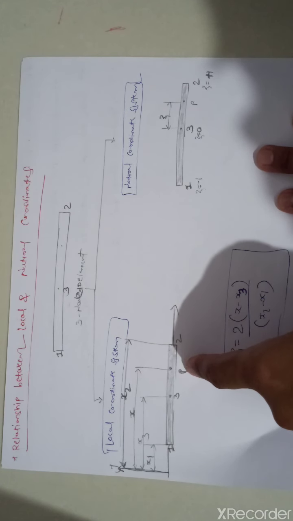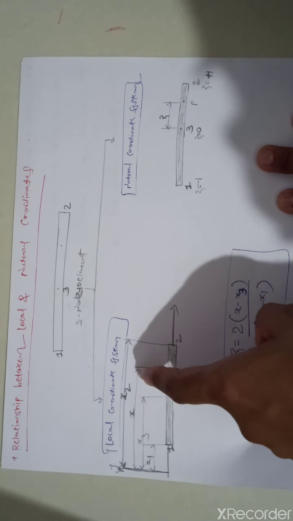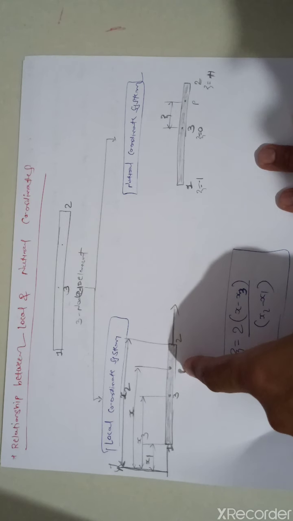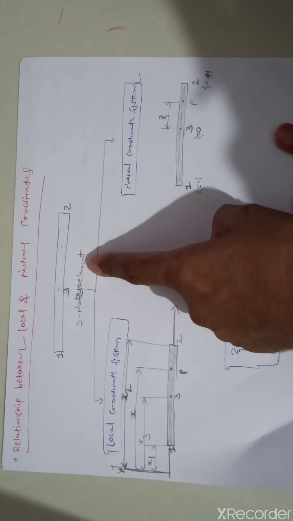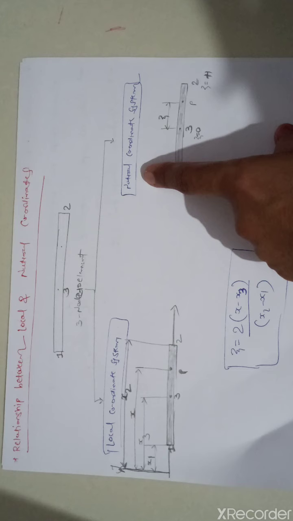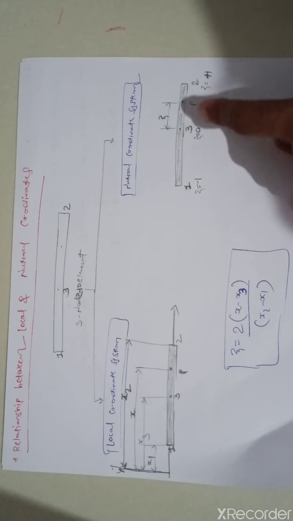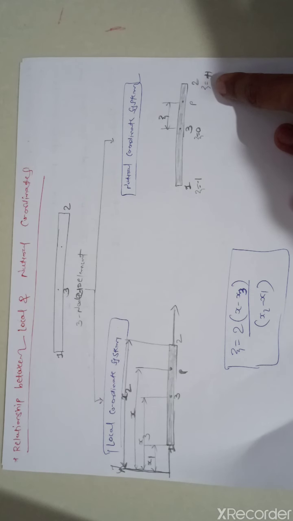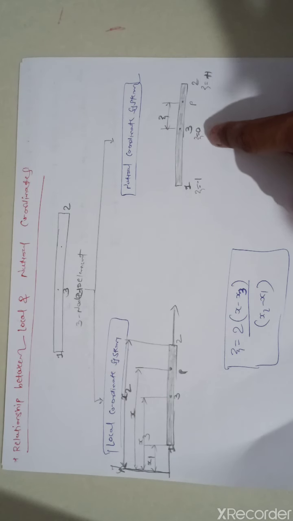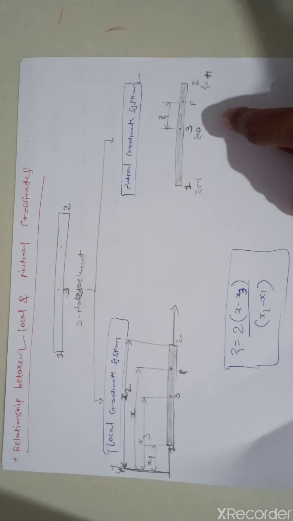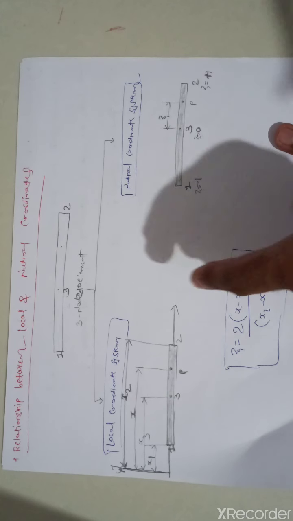Now if we consider point P on this element, then point P is x distance away from the origin. Similarly, if we represent this 3 node one dimensional element in the natural coordinate system, then node 1 is at zeta equal to -1, node 2 is at zeta equal to +1, node 3 is at zeta equal to 0, and point P is zeta distance away from node 3.